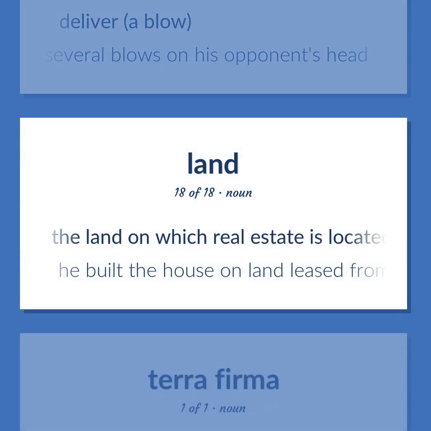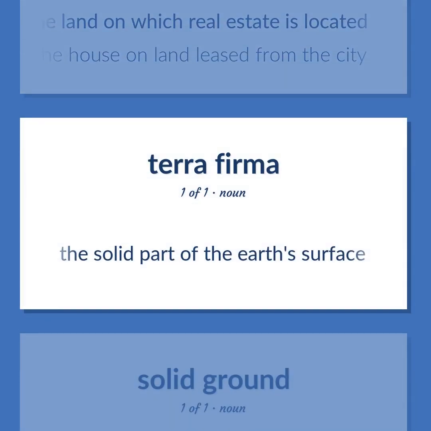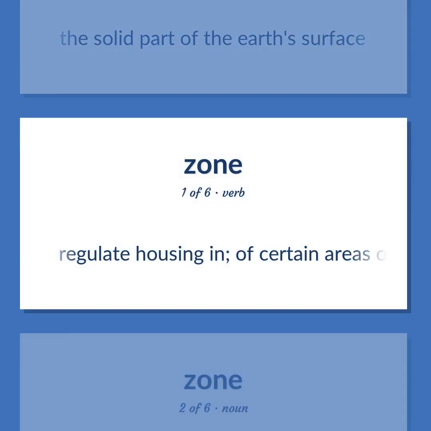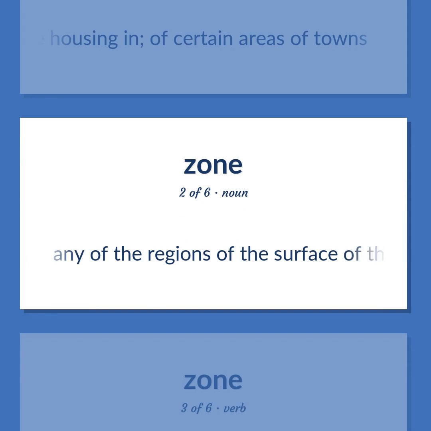The land on which real estate is located. He built the house on land leased from the city. The solid part of the Earth's surface. Regulate housing in certain areas of towns. Any of the regions of the surface of the Earth loosely divided according to latitude or longitude.